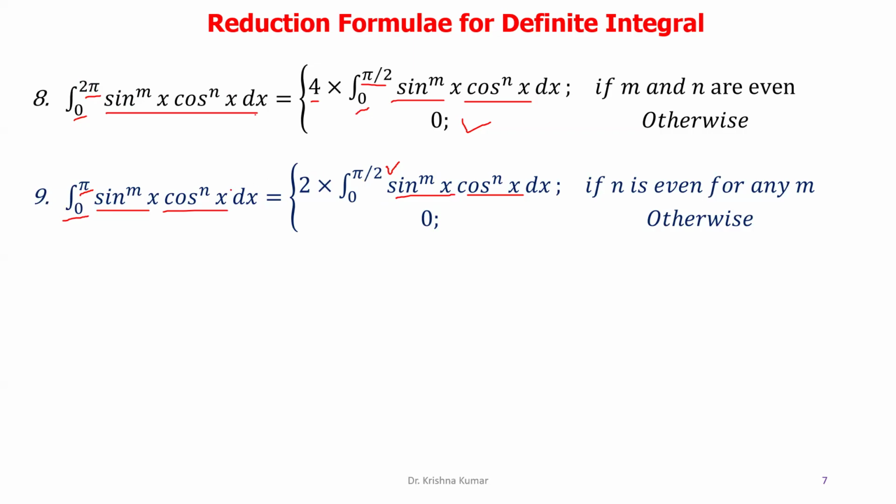So this depends only upon n. If n is even, then its value is 2 times. m may be even or odd, but n should always be even. But if n is an odd number, then its value will be 0.